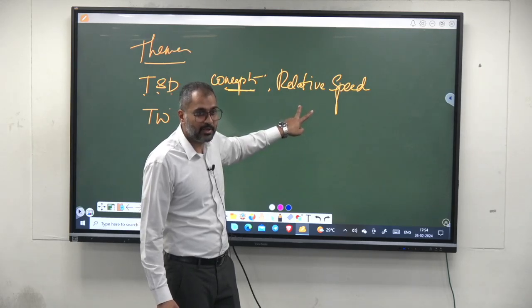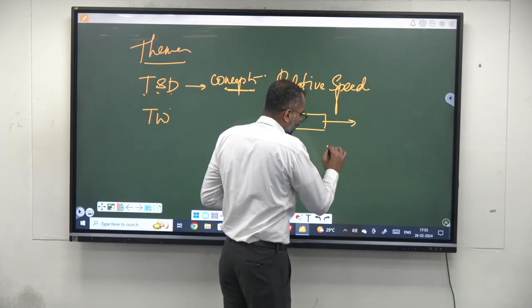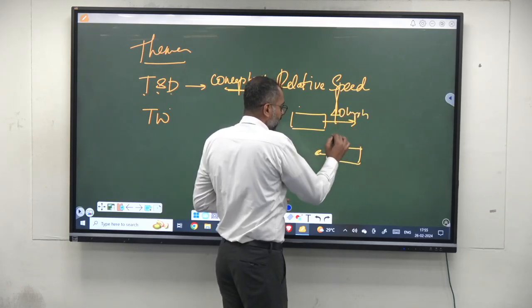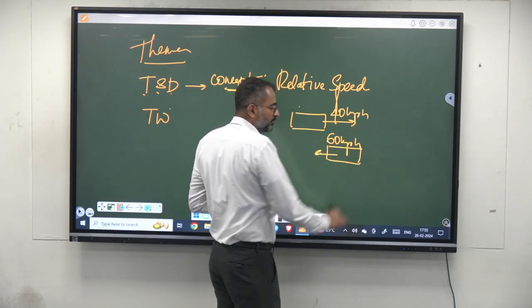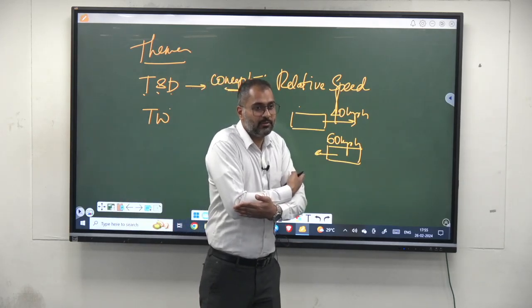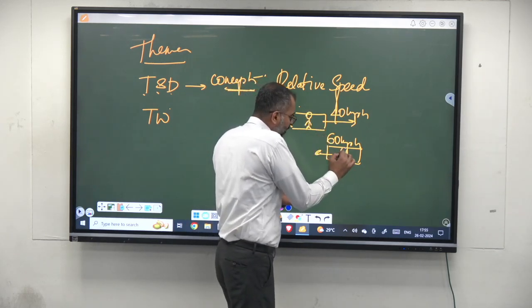For example, 2 buses are moving in opposite directions at 40 km per hour and 60 km per hour. Let's say one person is sitting here, another person is sitting here.